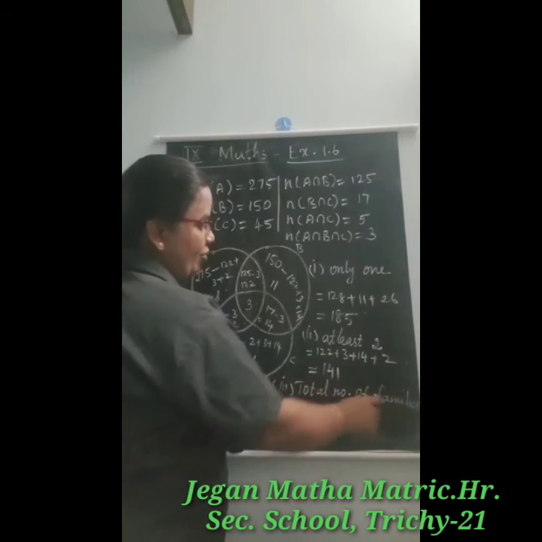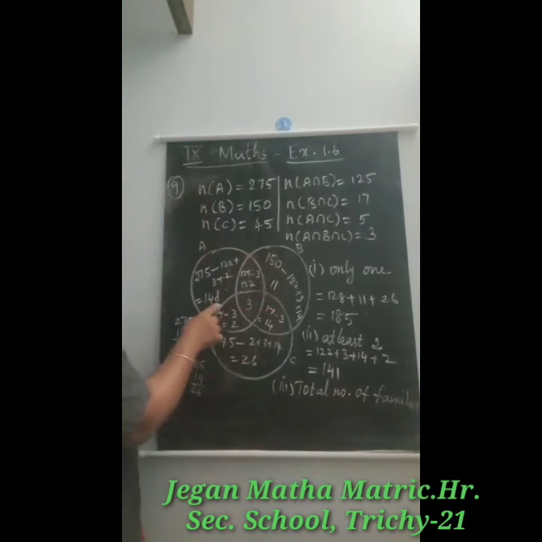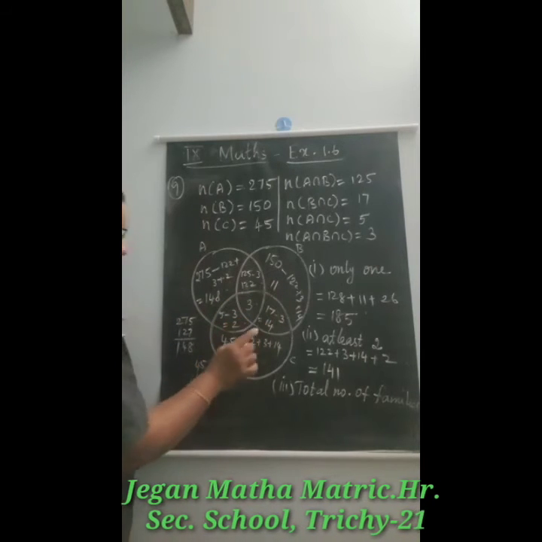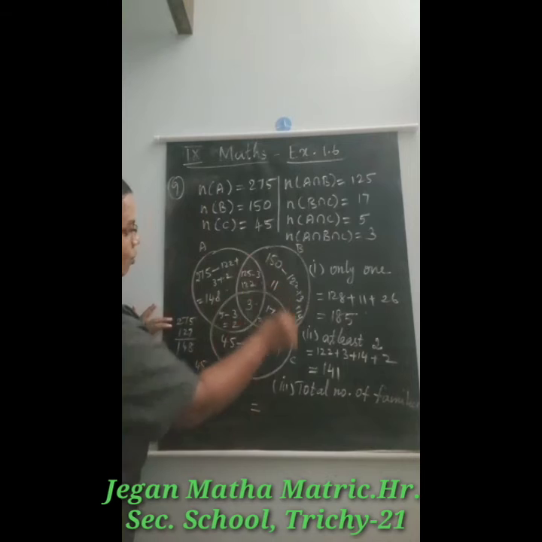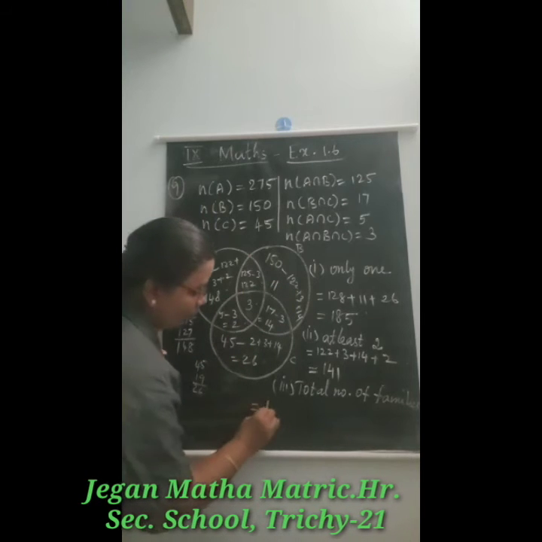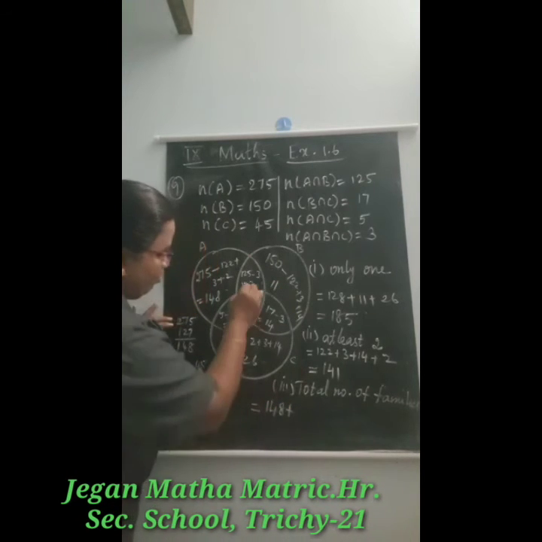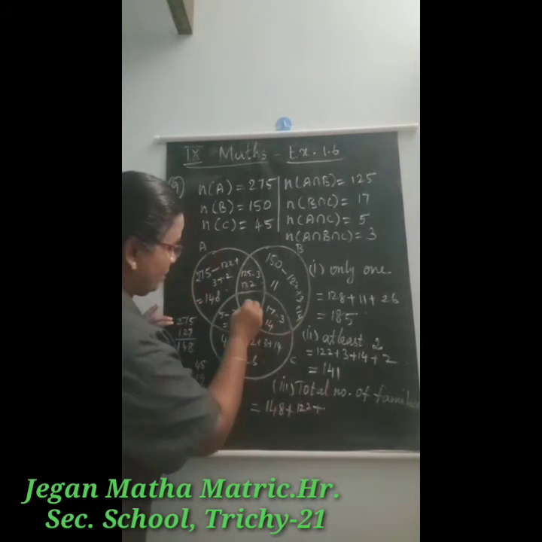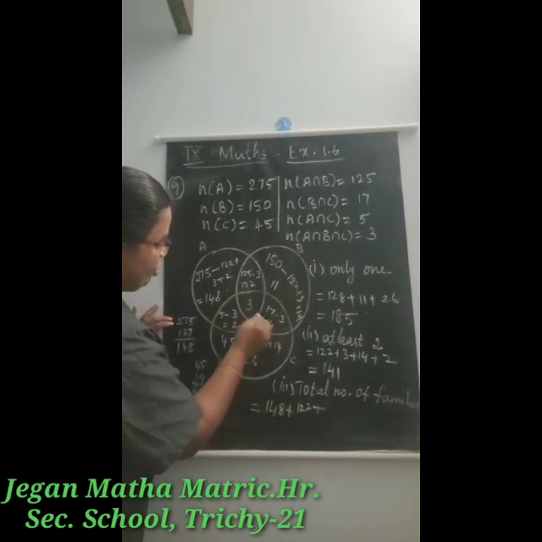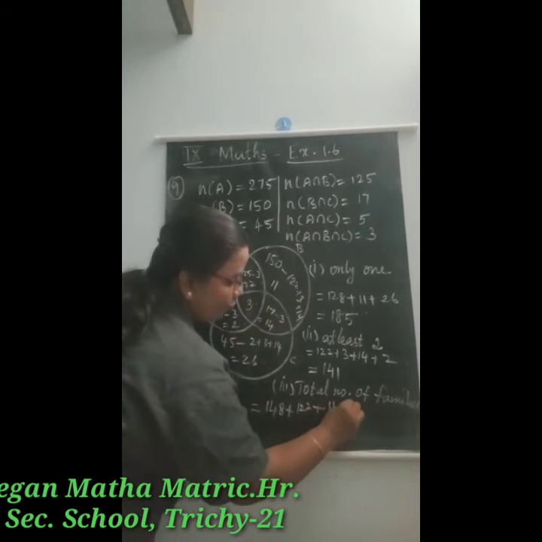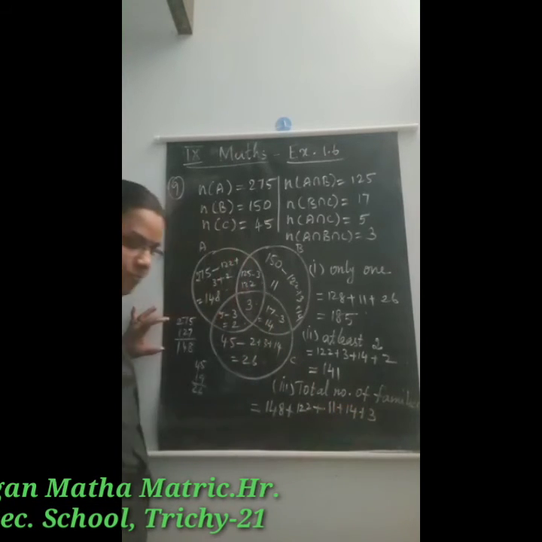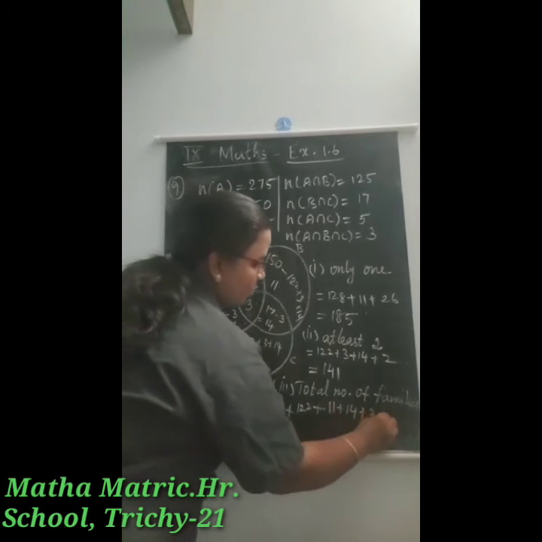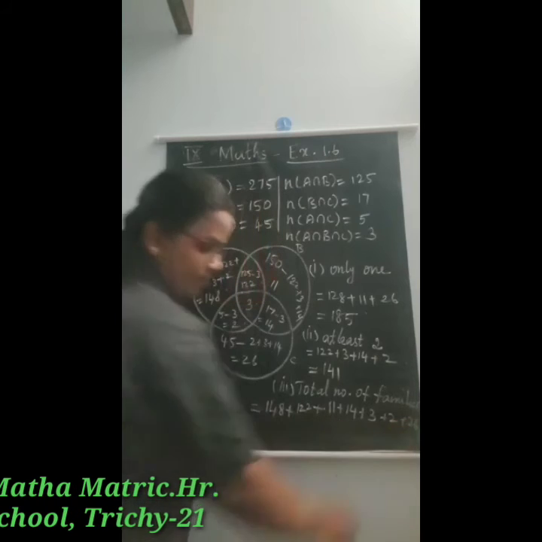Now, total number of families. So you have to add all of them. That is, this one, this one, this one, this one, this one and this one. So we have to add all of them. What do we get? 148 plus 122 plus here 11, 14, 3 and then 2, 26.